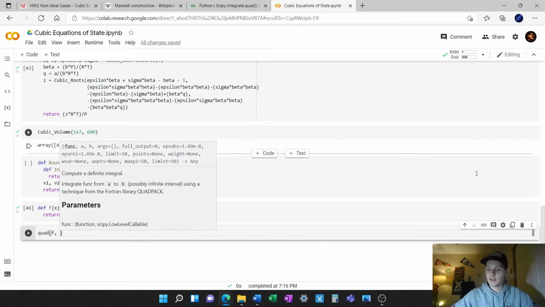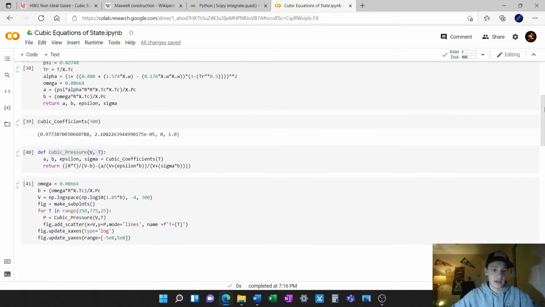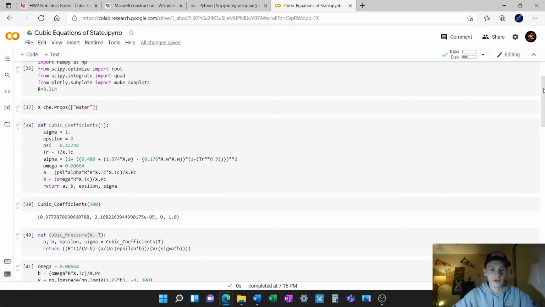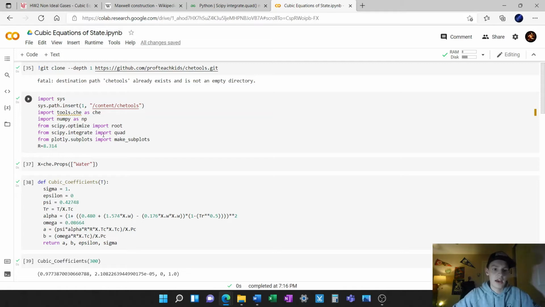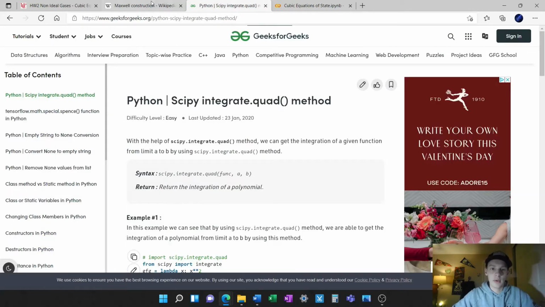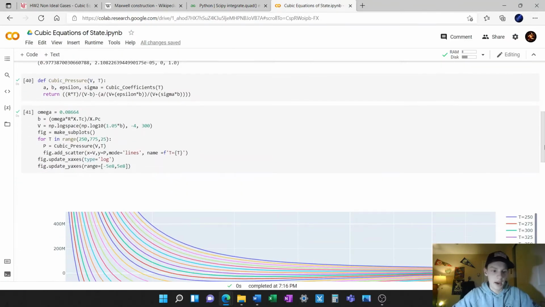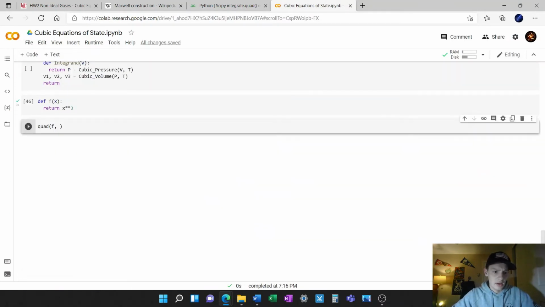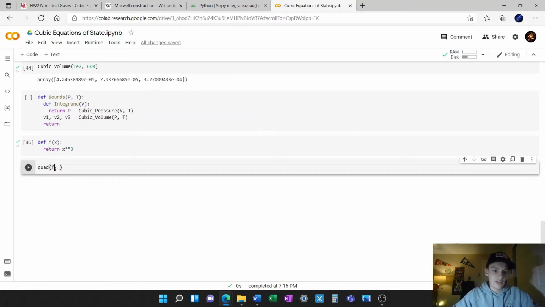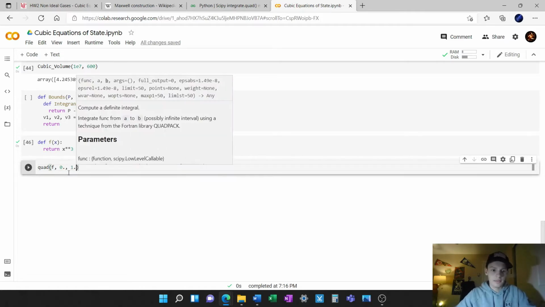I did put this in our code up here, and I made sure to hit run all. We have from scipy.integrate import quad, so we are getting that from the SciPy Python library. Then our lower bound, we'll just do 0, and upper bound 1.